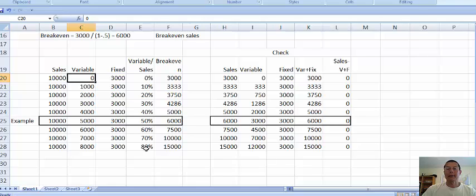So at 80%, so 8,000 divided by 10,000 of variable as a percentage of sales, my break-even calculation comes out to 15,000. So let's just double check that. My sales is 15,000, my fixed is still 3,000. 80% of 15,000 is 12,000. So again, we reach break-even of 0 when I deduct the variable and fixed from the sales.